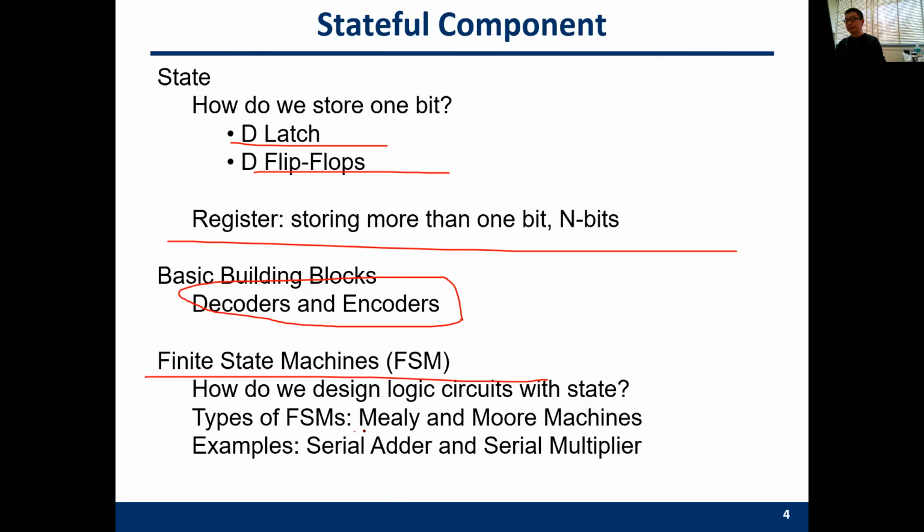We will introduce the Mealy machine and the Moore machine. They have different hardware cost and different power consumption, but they can implement the same function. Some examples are a serial adder and a serial multiplier. We talked about a carry ripple adder before. It's a parallel adder, but now if we have a finite state machine, we can record the intermediate results from the last cycle.